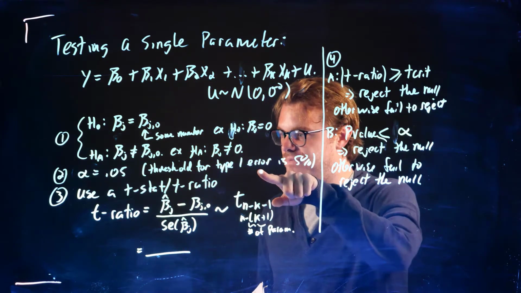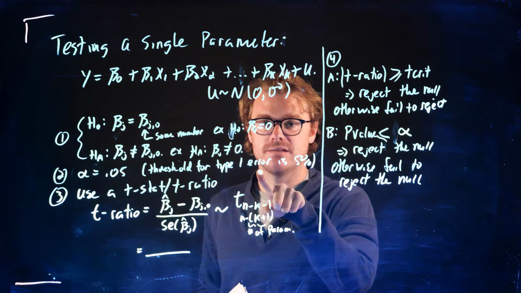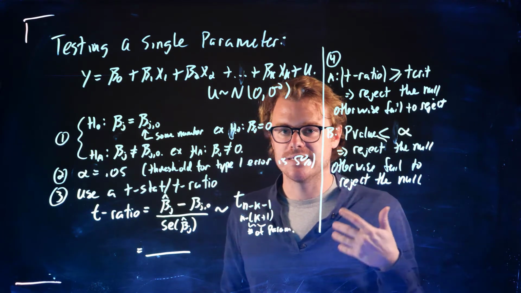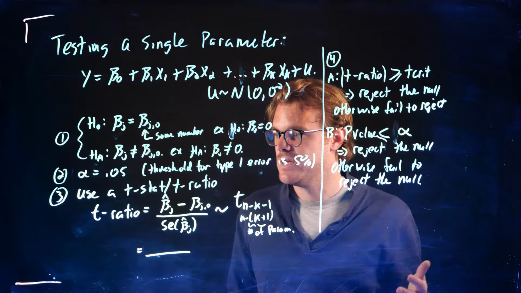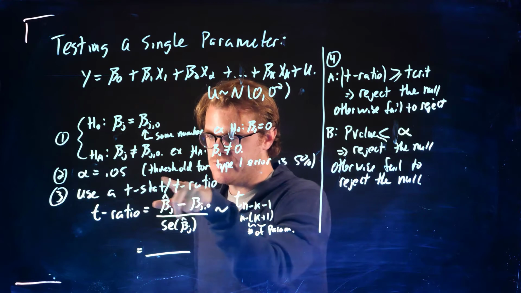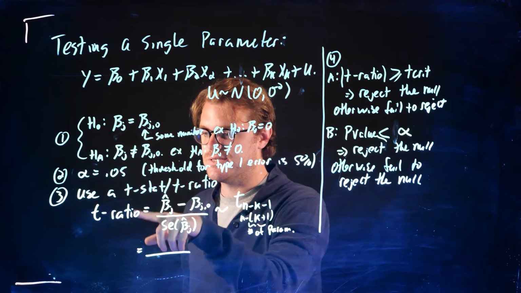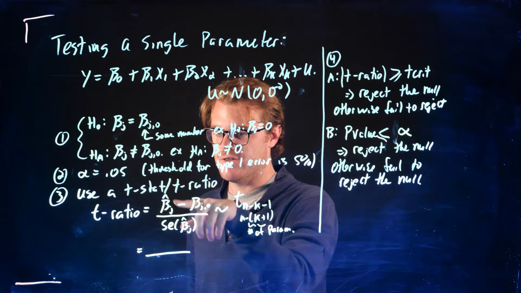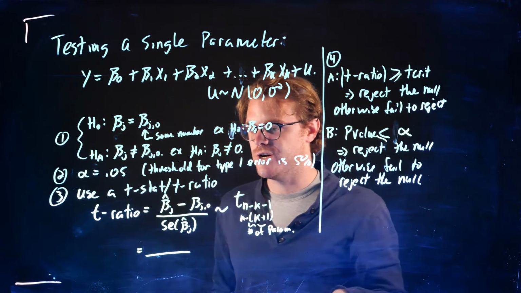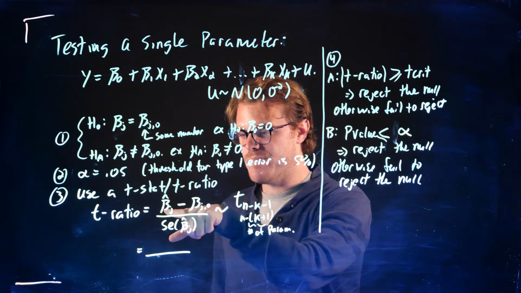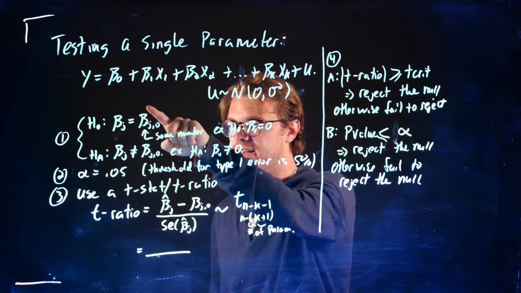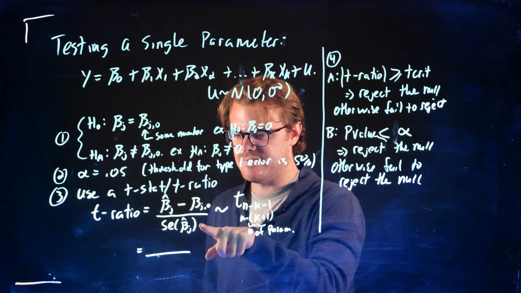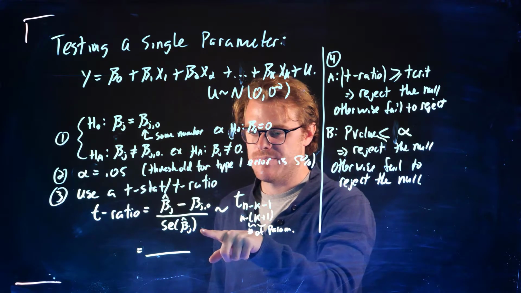We're then going to specify our significance level, so our threshold for making a type 1 error, our threshold for rejecting the null when it's true. And then we're going to calculate our test statistic. Remember, that was the 3rd step. So here the test statistic is going to be the t ratio. We're going to take our beta hat j, subtract our hypothesized value from our null hypothesis, and divide by the standard error.